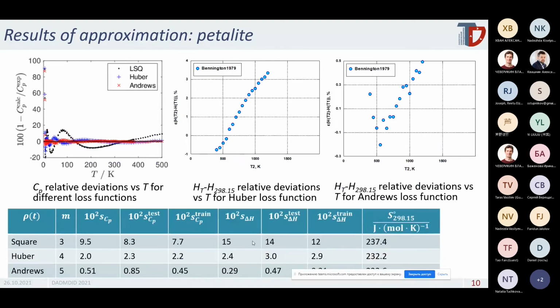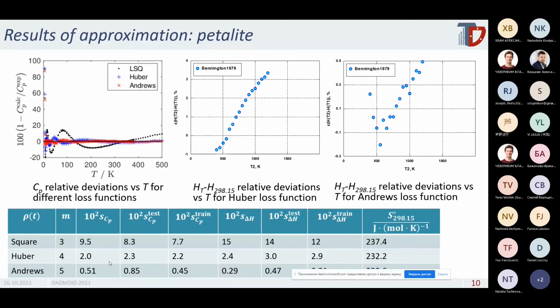In the case of petalite, we have both heat capacity and heat content data. If we apply the least squares method, we can see huge oscillations, and further attempts to increase the number of terms in the model cause variable conditions problems and program termination.